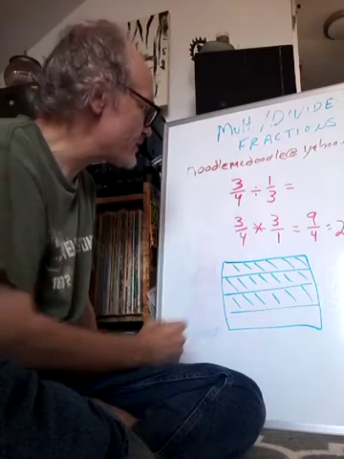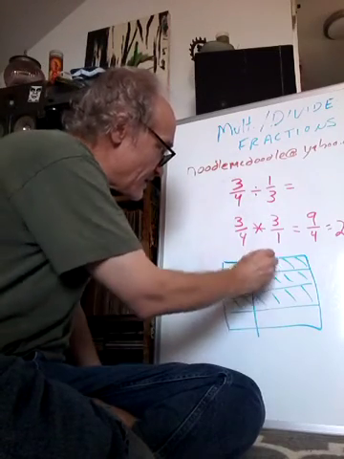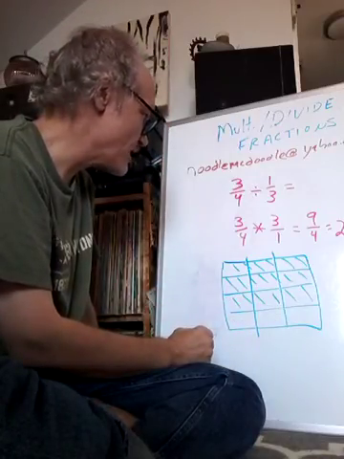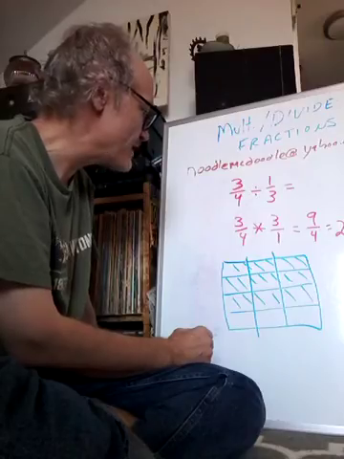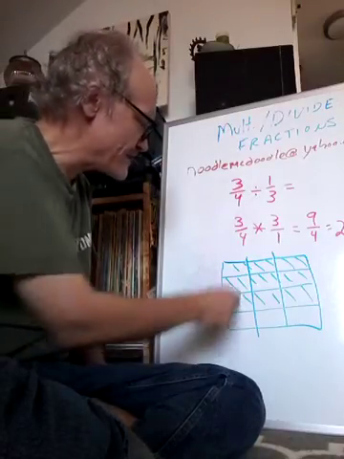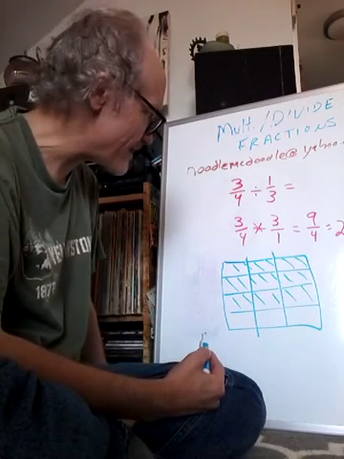I want to separate this into thirds. Okay, I could do that. How many of these thirds do I want? I want one of them. How many thirds do I have? That's the question. I divided it into thirds. How many of those thirds do I have?